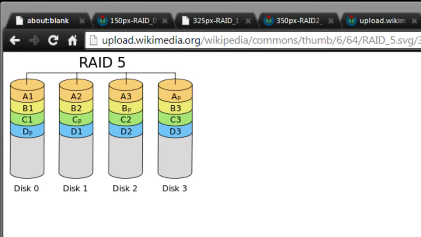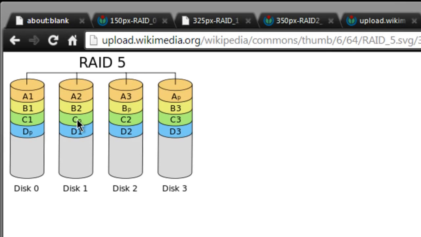So here we are with RAID 5, and this time instead of having a dedicated parity drive, which would make you lose a terabyte of space, over here we have distributed parity, which again will allow you to lose a terabyte of space, but you can actually have more space efficiency here by storing across all of the drives. So again, if disk 1 was to die, you could replace that disk and it can get reconstructed by the missing records that are available on the other drives and through the rules of that parity disk.